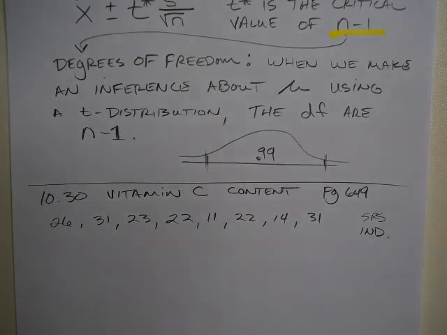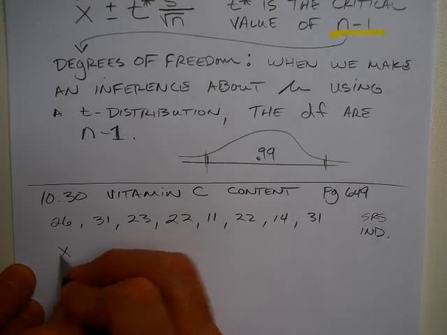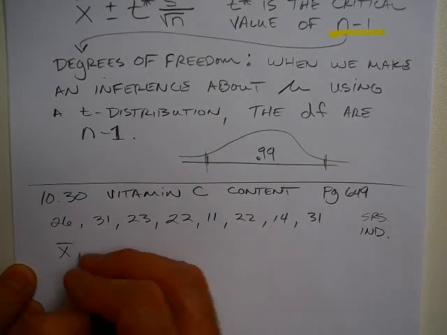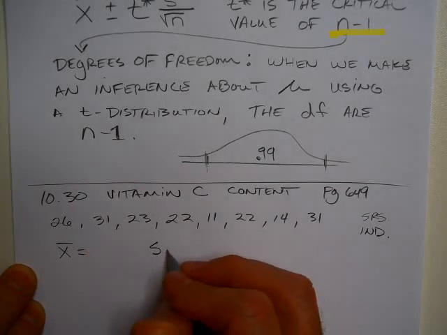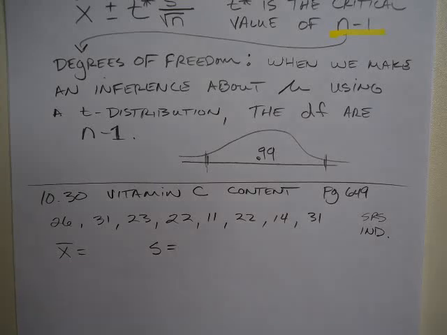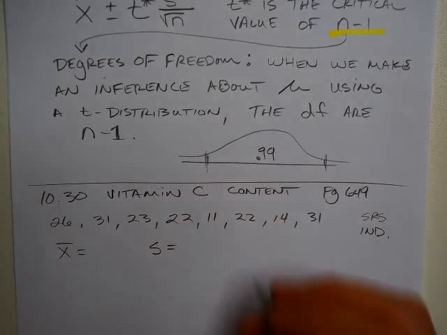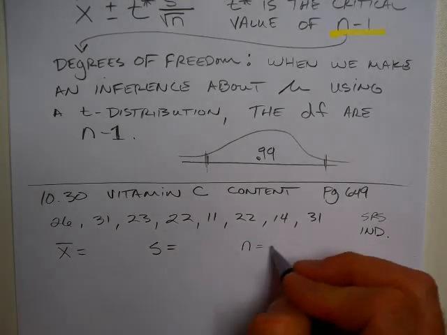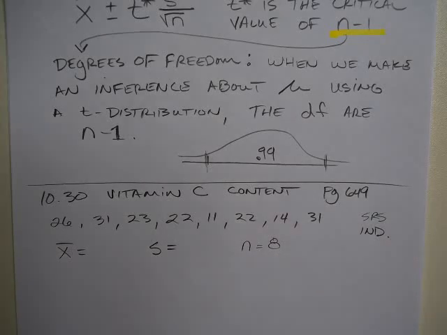Might wait till we get done with this problem. I would, yeah. That way you see how all this stuff works. Okay, so some stuff that we're going to need. We're going to need X bar. We're going to need S. We know what N is, or we should. It's 8. We've got 8 bits of data.